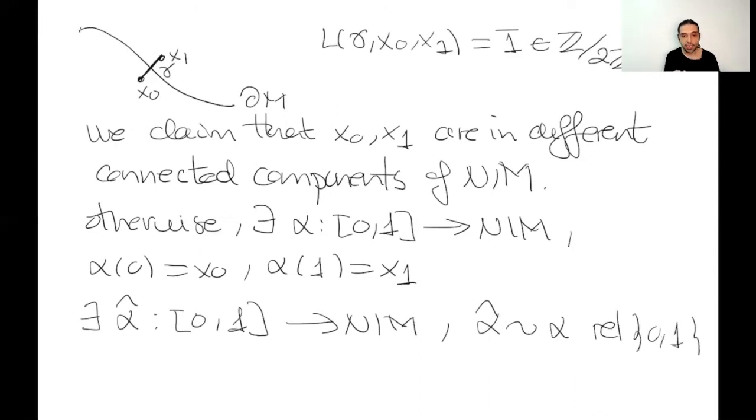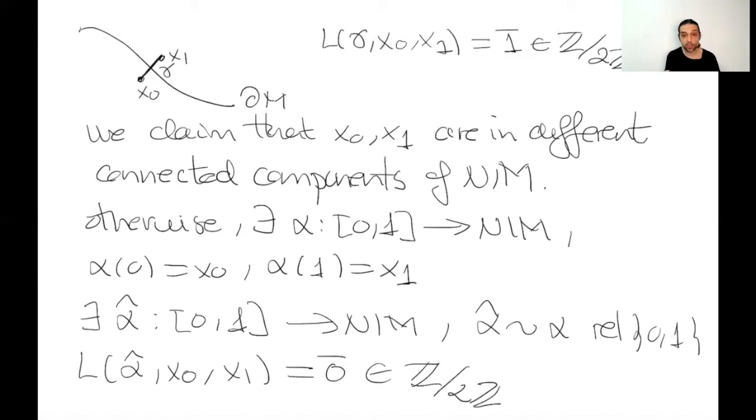Now what we have is obviously the intersection with M is transversal because it does not intersect M. And what we get is that L of alpha hat, x0, x1 is equal to 0.